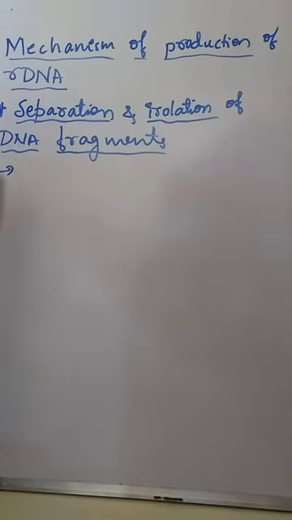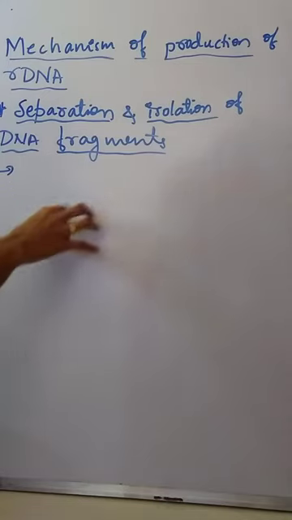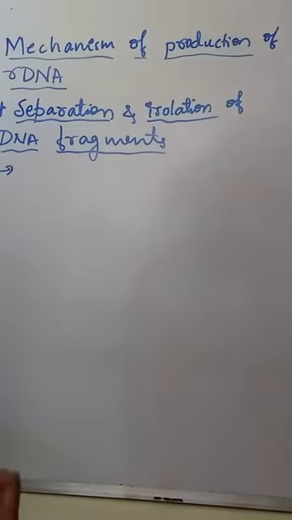We have to select the gene of our interest, separate it from the other genes, and then isolate it. We have to take out the gene of our interest from its genome. This step is important. Usually, they will ask about separation and isolation of DNA fragments for 3 marks or also for 5 marks. This is important.